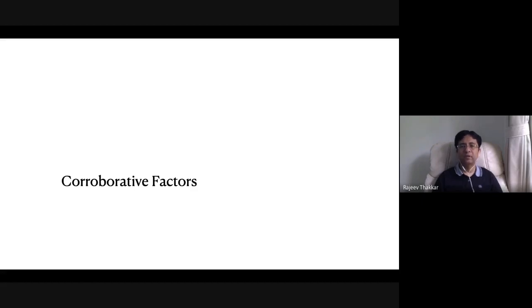Now we move to the second part of today's presentation, which is corroborative factors. Corroborative factors are not factors by themselves or standalone. Maybe some people would be using them as standalone factors, but I am mainly talking about these factors working in conjunction with the other factors that we have discussed in the first episode of factor investing.